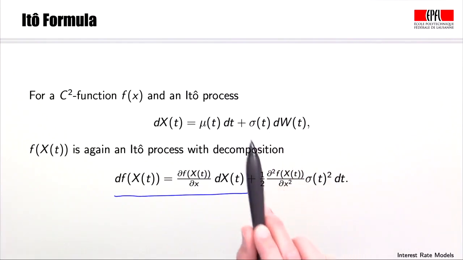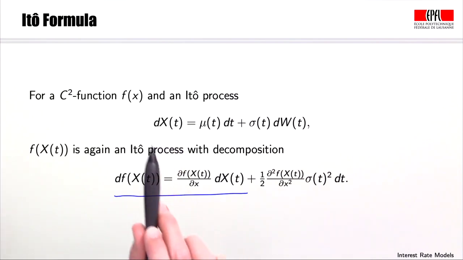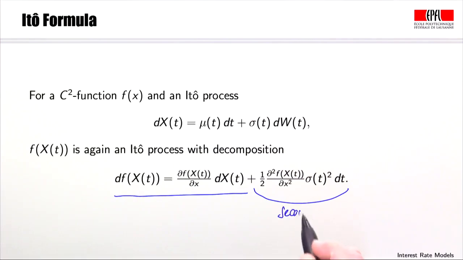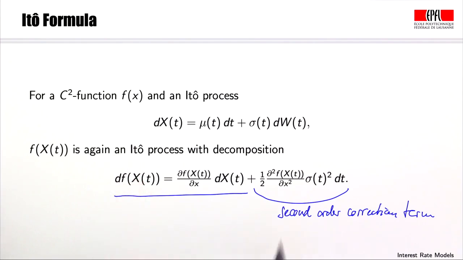Recall that the stochastic integral has rough trajectories which are not differentiable, which is inherited by xt, and that causes the appearance of this second order correction term. It also explains why this formula only works for C2 functions f. We need f to be twice continuously differentiable.